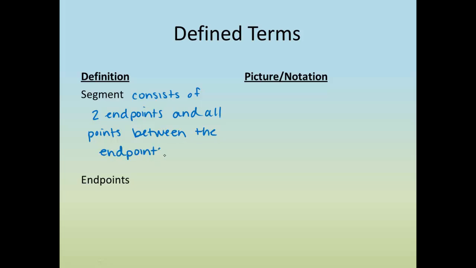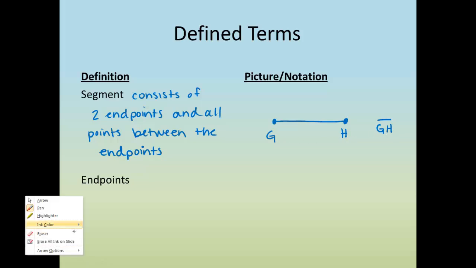And my diagram might help this one. So I'm going to put 2 points. These are endpoints, kind of like bookends. And we're going to have to label those. So let's say G and H. And this is a segment that we would write GH. I'm going to use the endpoints to determine it. That does not mean that there are no other points. Of course there's more points on here.